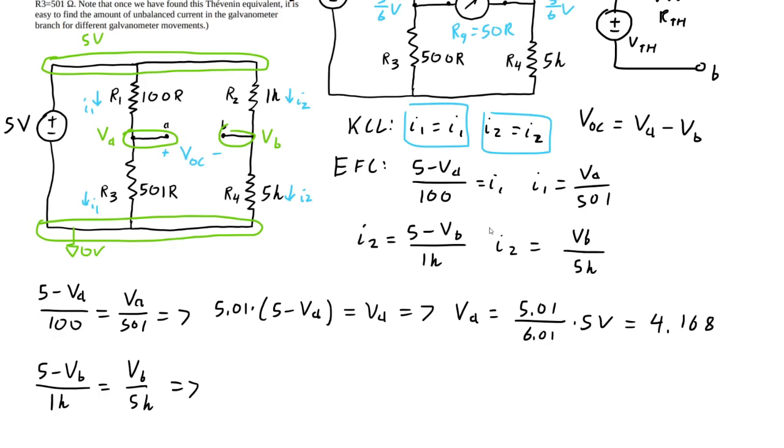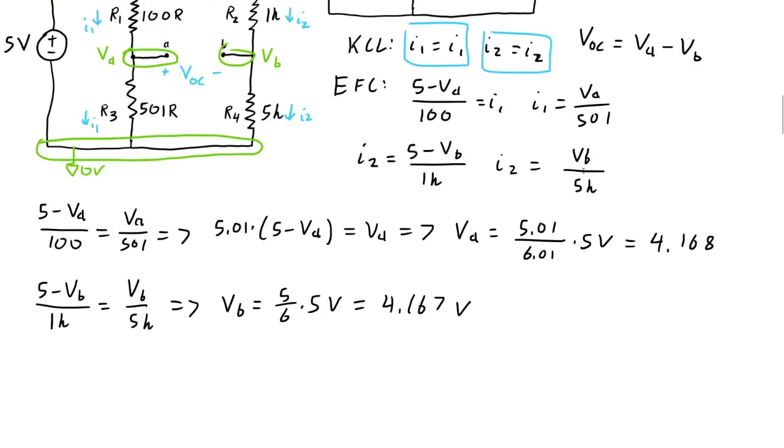It's going to end up being VB is 5/6 of 5 volts. So 25 divided by 6. That is 4.167 volts.